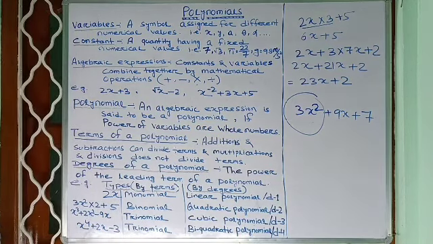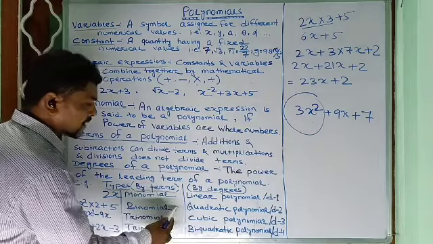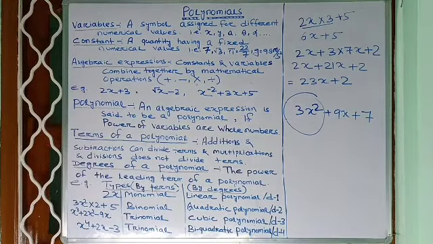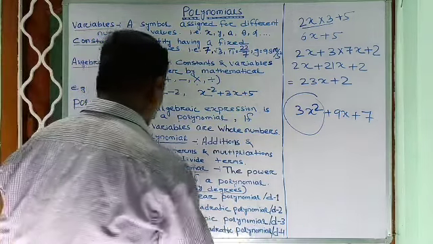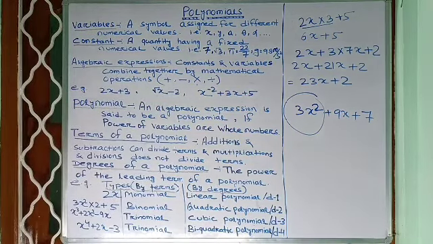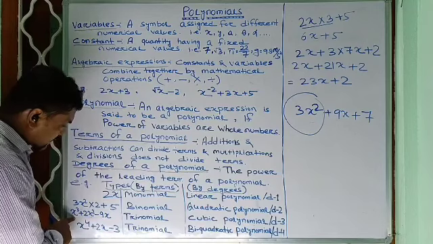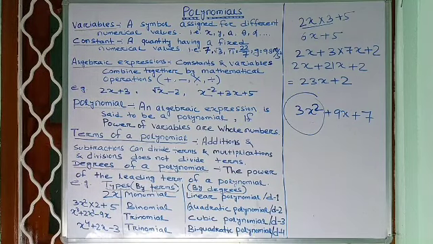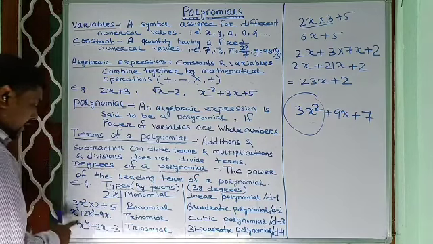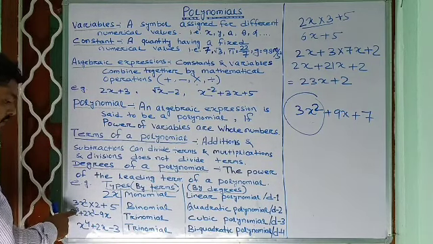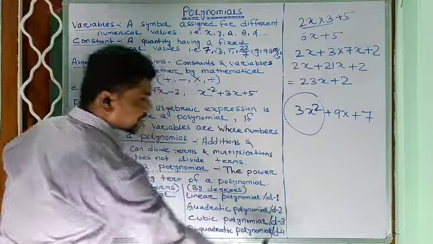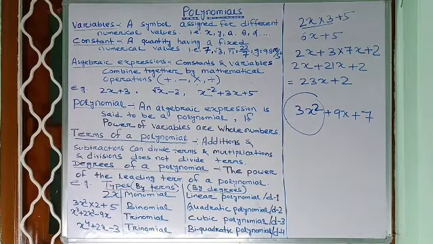It is a binomial. By degree it is a quadratic polynomial, and we can say it is a degree 2 polynomial. If I take another example, x cube plus 2x square minus 9x, then it is a trinomial and the highest power of the variable is 3. So it is a cubic polynomial. We can say it is a degree 3 polynomial.